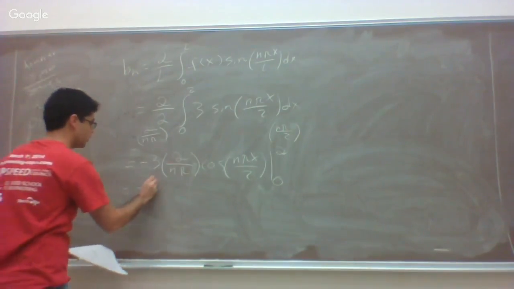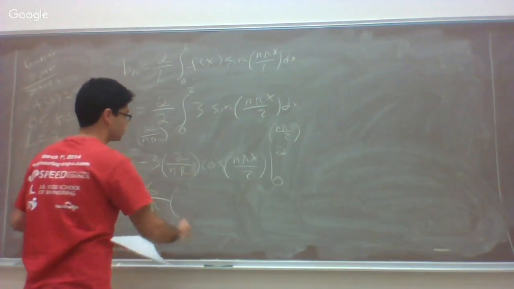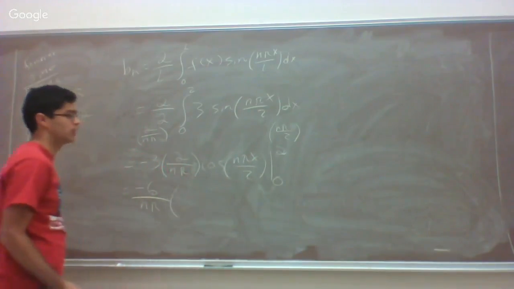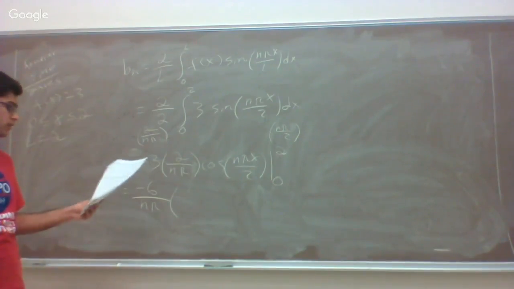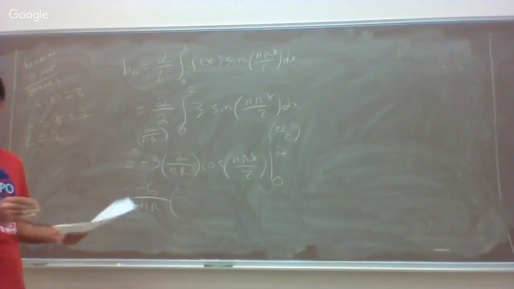This is equal to negative 6 divided by n pi times the quantity, so if I plug in a 2 here, the 2's cancel out. So I have cosine of n pi.